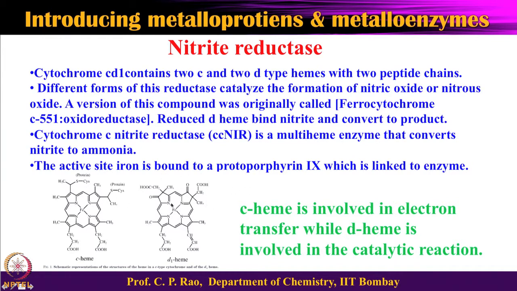Obviously, this will differ in its redox potential. So the redox potentials of C versus D are going to be different, and the C is involved in electron transfer while D is involved in catalysis, where the NO2 binds and then further reduction or catalysis takes place.